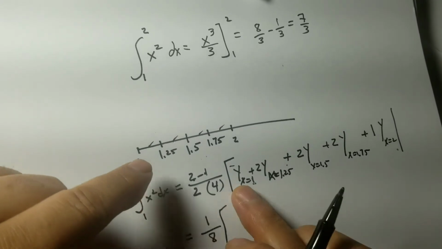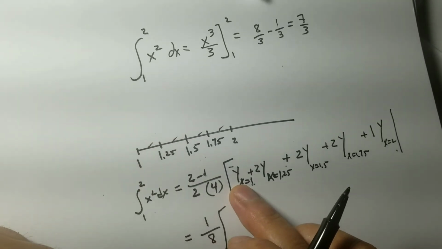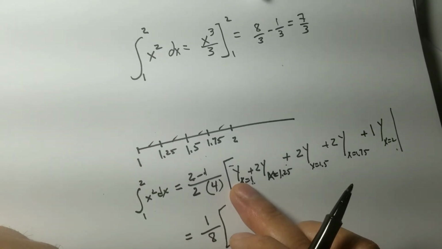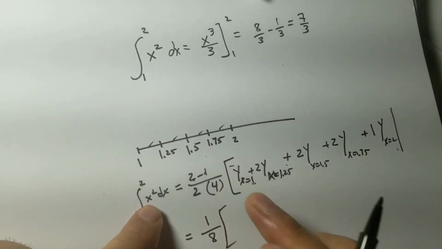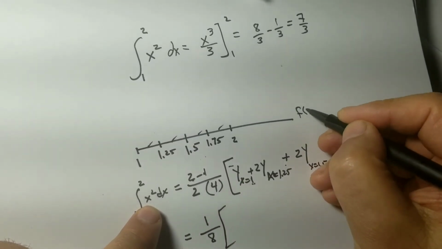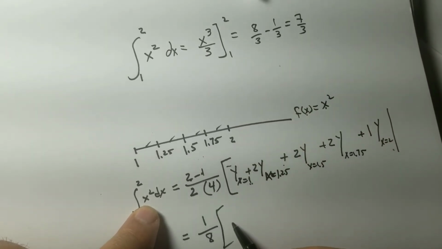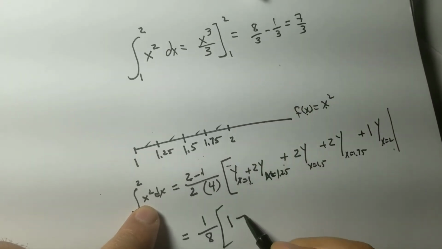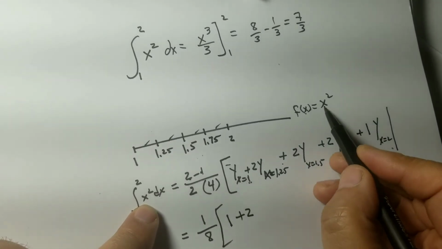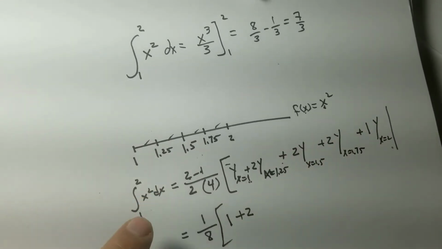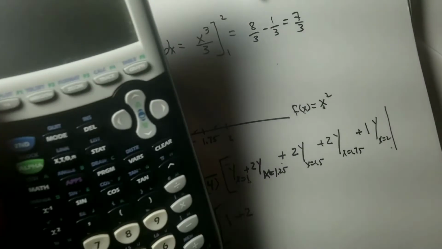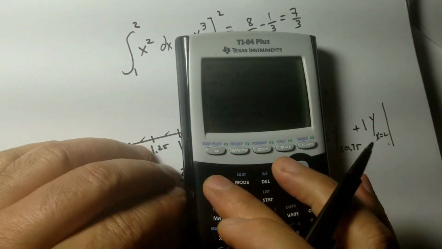Okay, x is 1. And that's my function. My function f of x is equal to x squared. When x is 1, you have 1. And 2 times 1.25 squared.